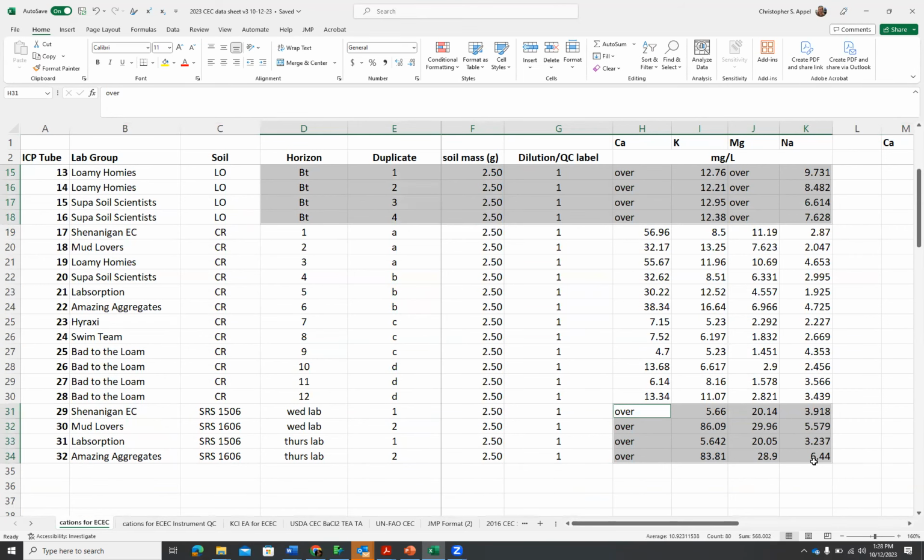So I want to compare my sample when I diluted it to when I didn't dilute it, and see if I recover my dilution factor back, in other words.